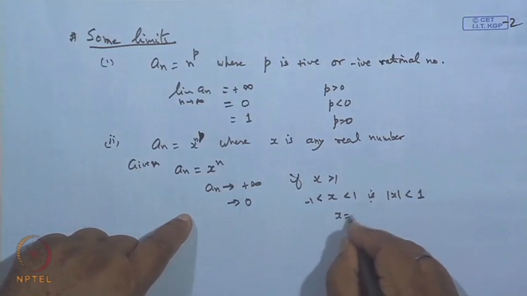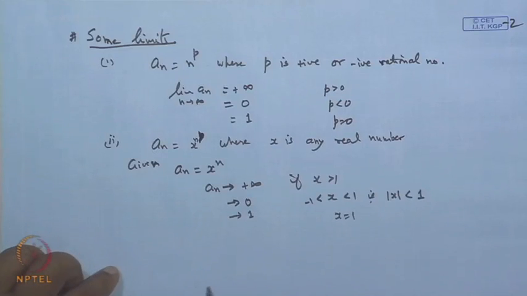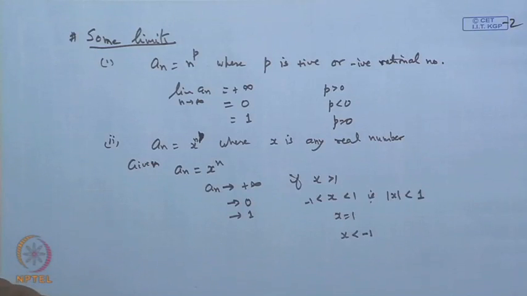And when x is equal to 1, the limit is 1. What happened to that when x is strictly less than minus 1, or when x is equal to minus 1?